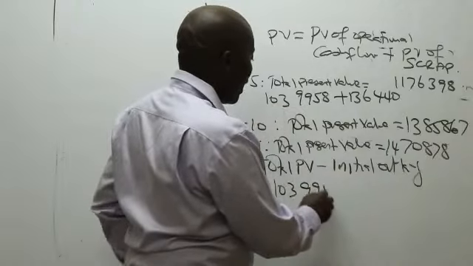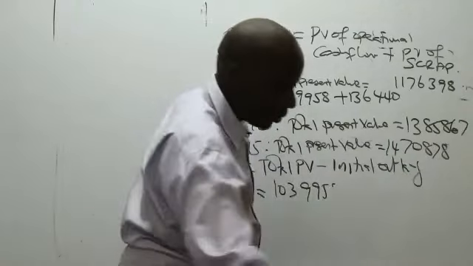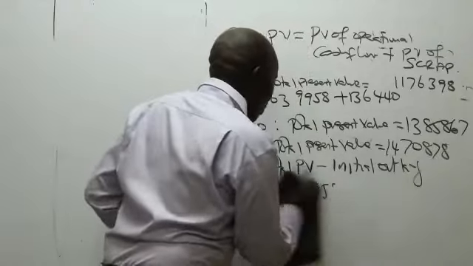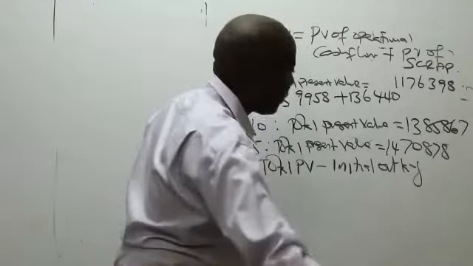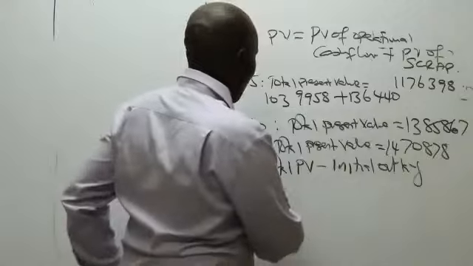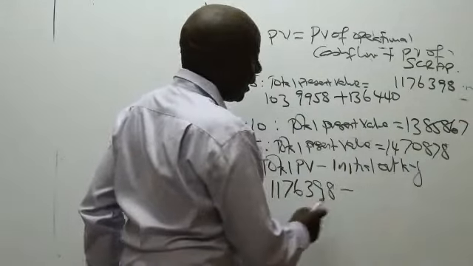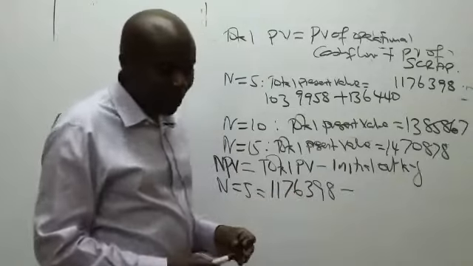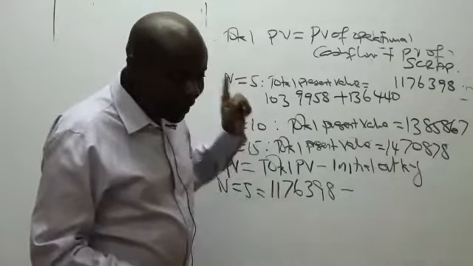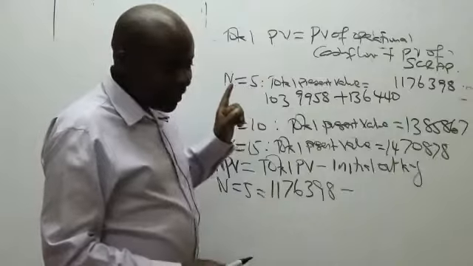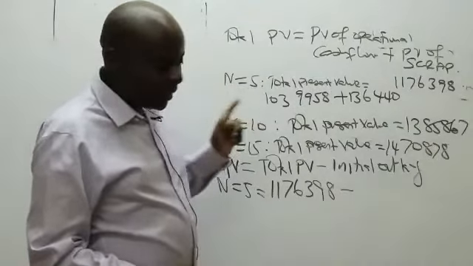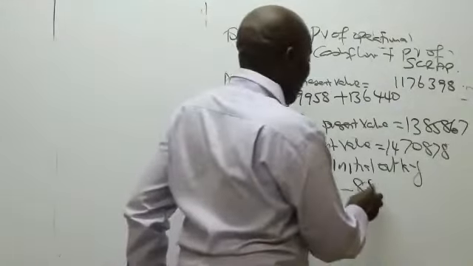103,950? No, quite wrong. When n is 5, this is the thing. It is 1,176,398 minus the initial outlay. Is there someone who can remind me the initial outlay? The initial outlay was 880,000.